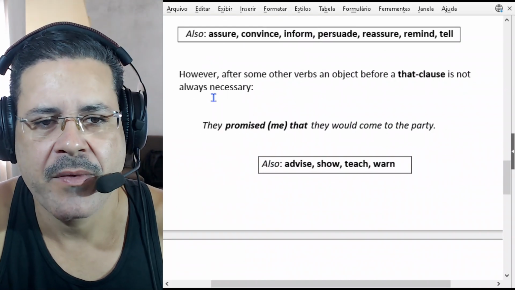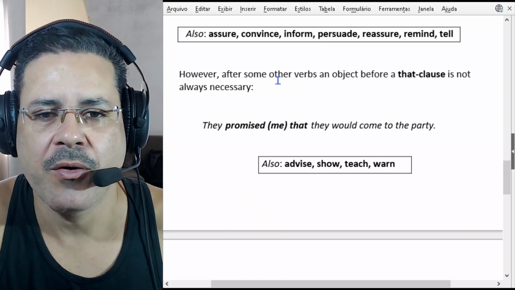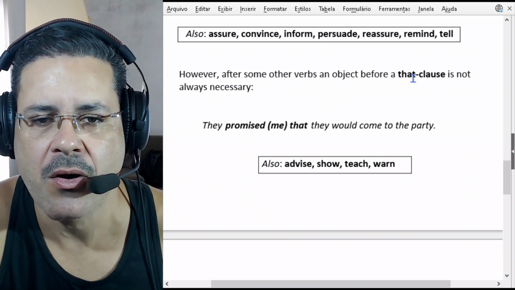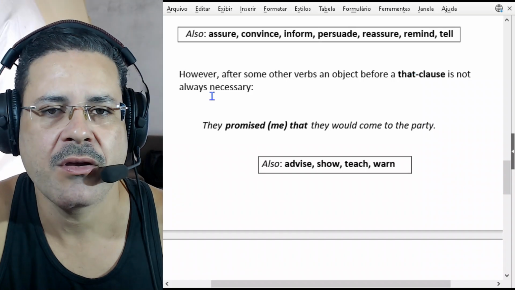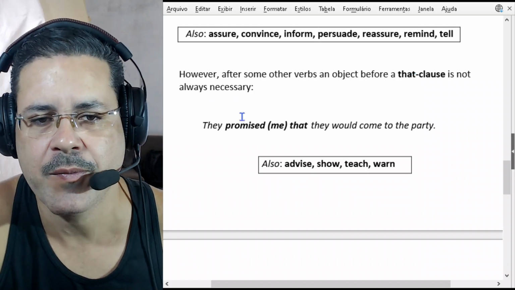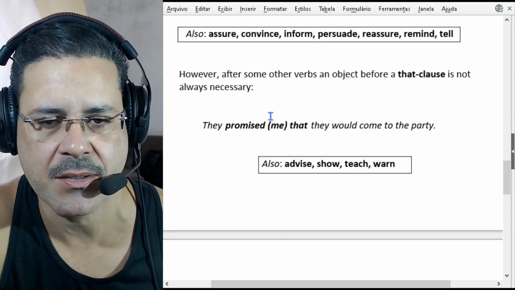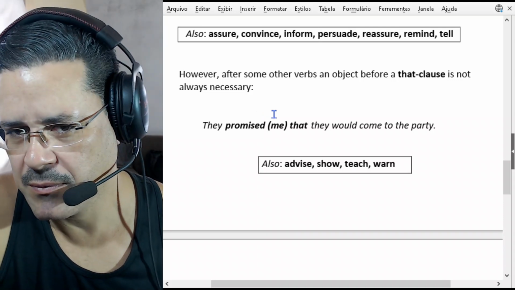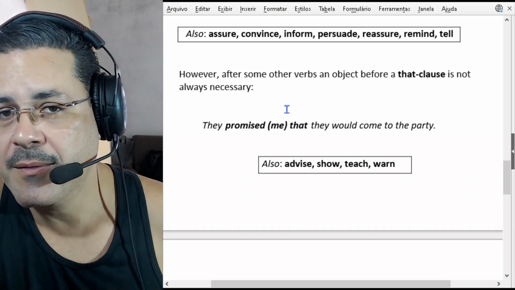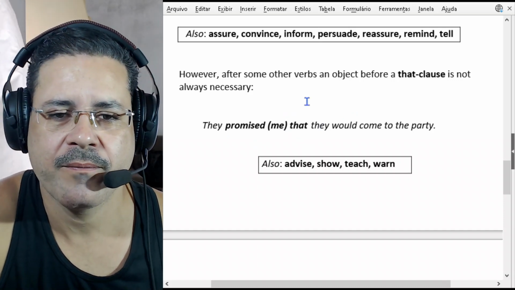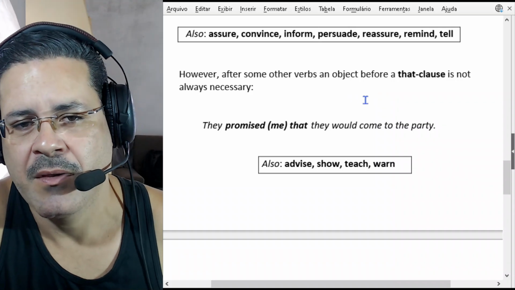Okay, moving on. However, after some other verbs, an object before a that clause is not always necessary. For example, they promised me that they would come to the party. They promised you what? That they would come to the party. Asked about what they had promised.